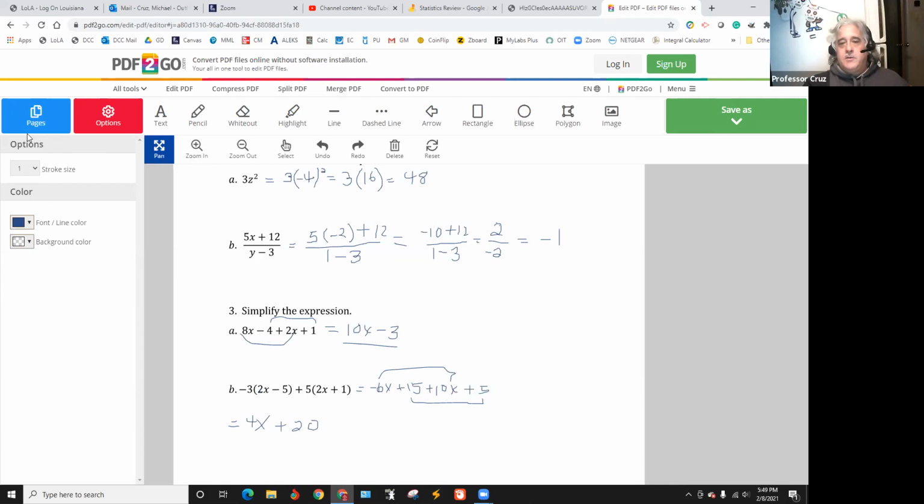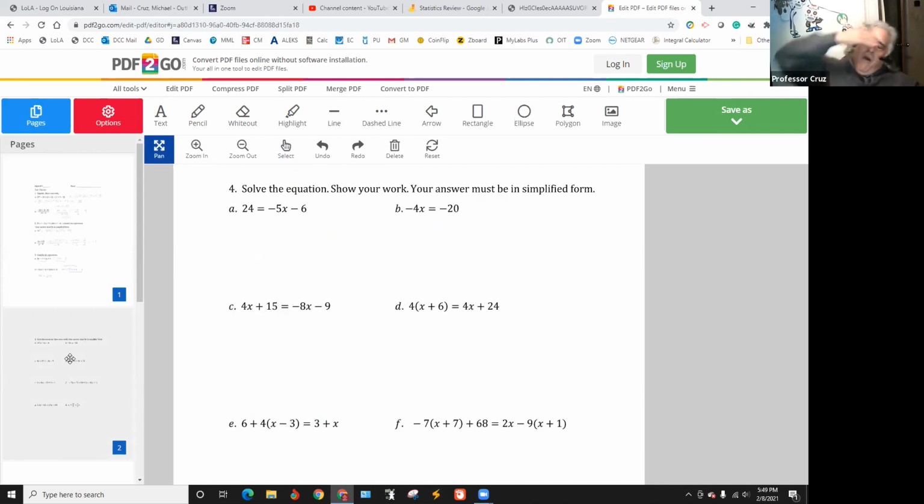All right, page 2. All right. So these are going to be just equations using that same kind of principles, collecting the like terms if possible, and then if not, collecting across the equal sign where you'd have to do the opposite.